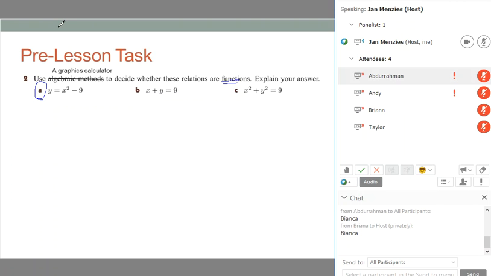Now, before we go to the graphics calculator, when you write an equation on your graphics calculator, it's in the form y equals. First step, for part B, you need to rearrange it so that y equals. Can you write in text chat the equation B with y as the subject?